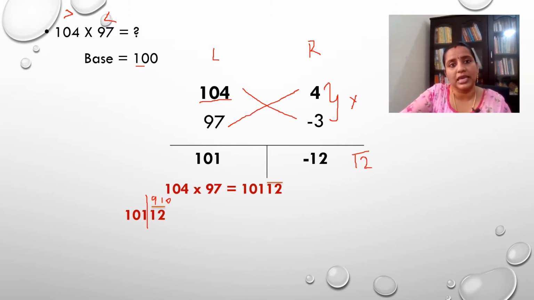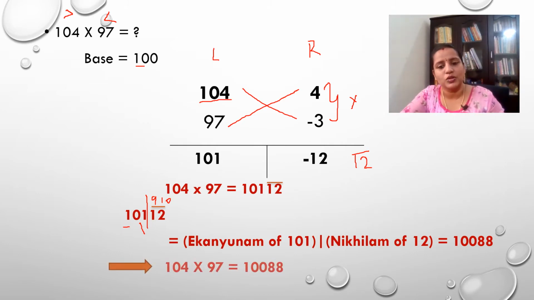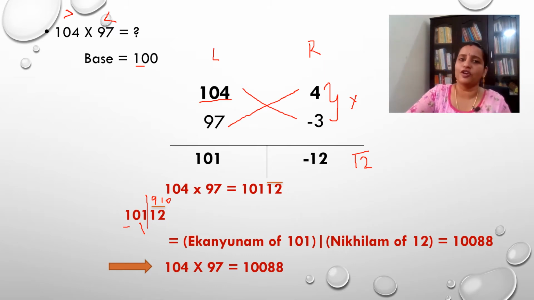For the second number, I have to subtract it by 1. So subtracting it by 1 will give me 100. So 10112 bar gives me 10088. Then what would be my answer? 104 into 97 is equal to 10,088. Okay, come on, let's go for the next problem.